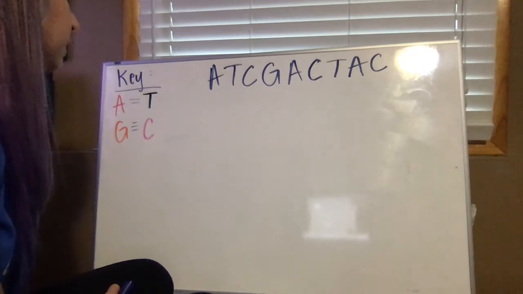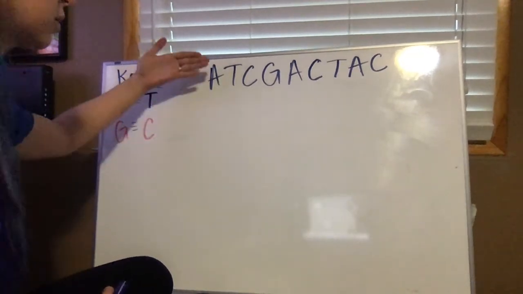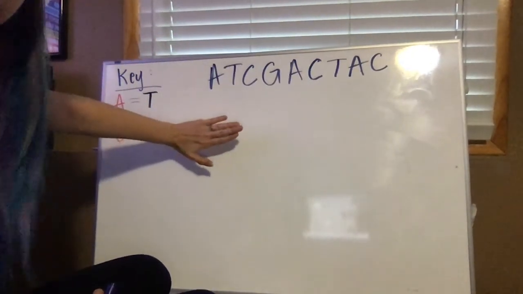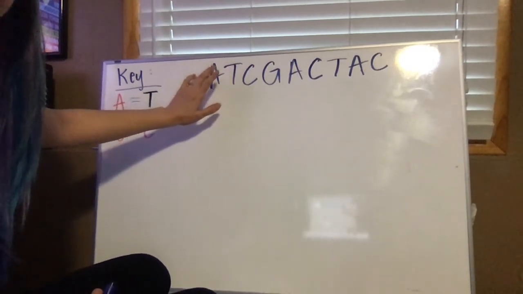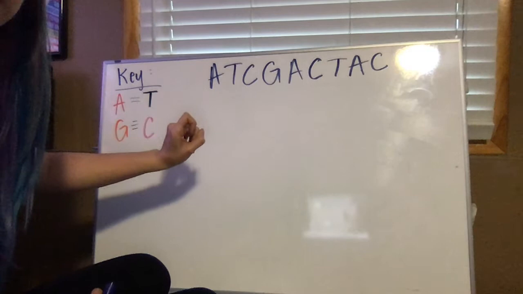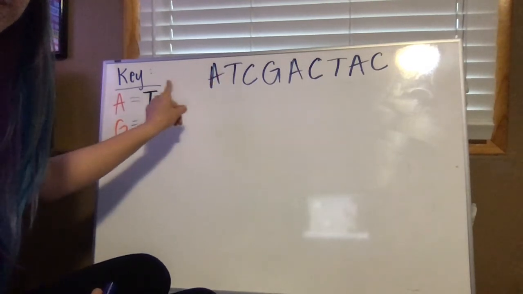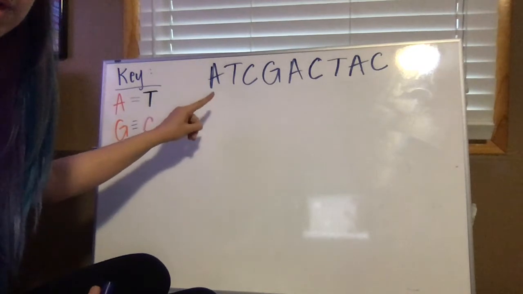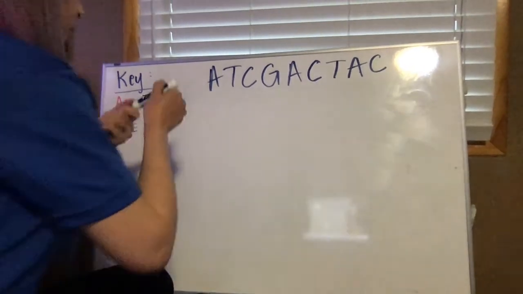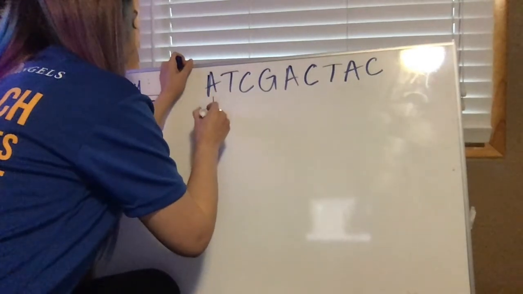When you get a strand like this, you need to give me the other side of the ladder, which will be the opposite letters that match up. So adenine always goes with thymine. So A would have a pair of thymine.